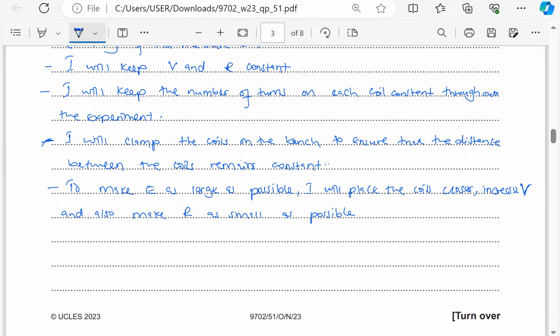The resistance should be smaller in order to ensure that E becomes bigger.